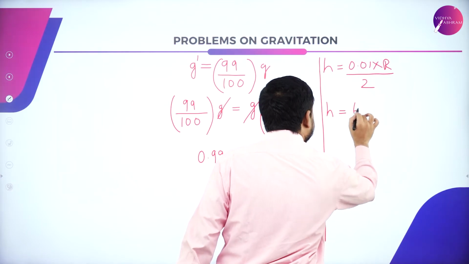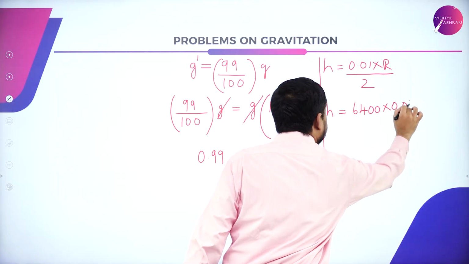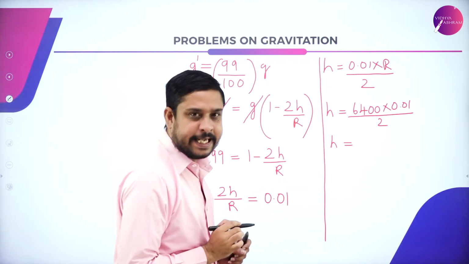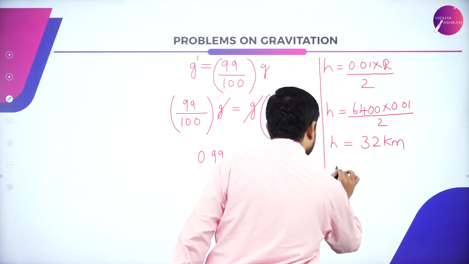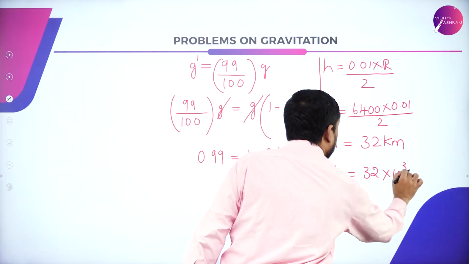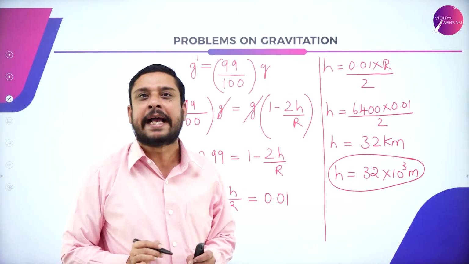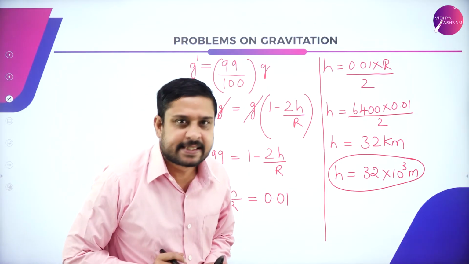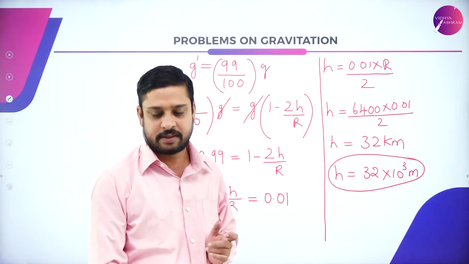So h is 6,400 into 0.01 by 2, where h is equal to 32 kilometers, or h equals 32 into 10 power 3 meters. So this will be the height above the surface of the earth where acceleration due to gravity is 1% less.